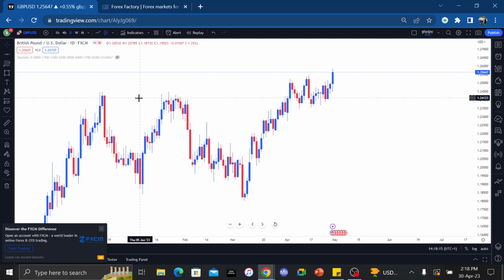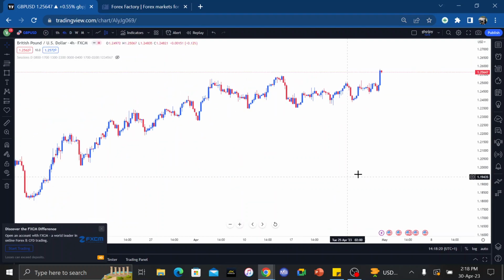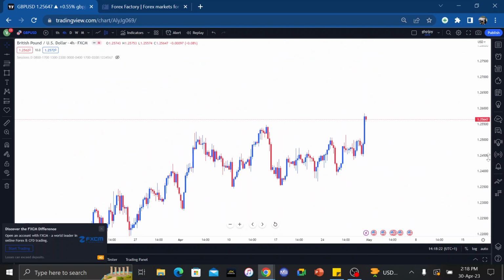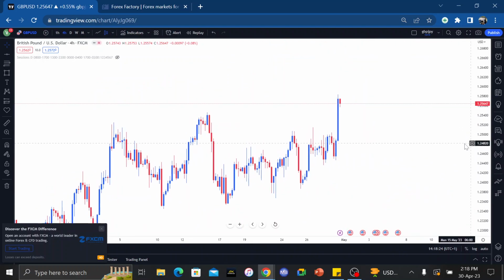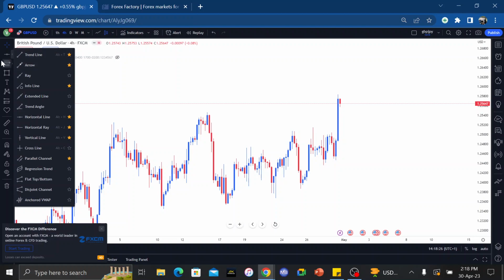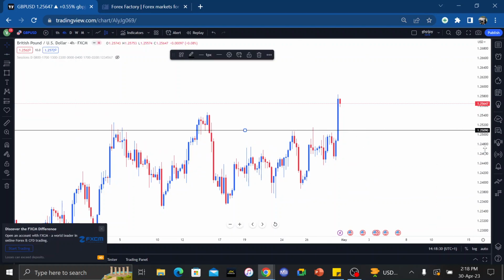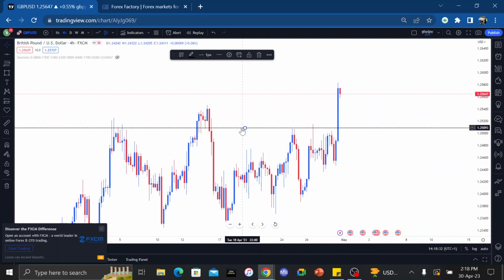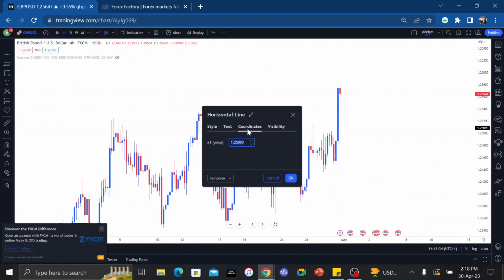So what do I mean by it must be a random number? As you can see, using my horizontal line where this line is currently, let me double click and go to coordinates. We have 1.25090.